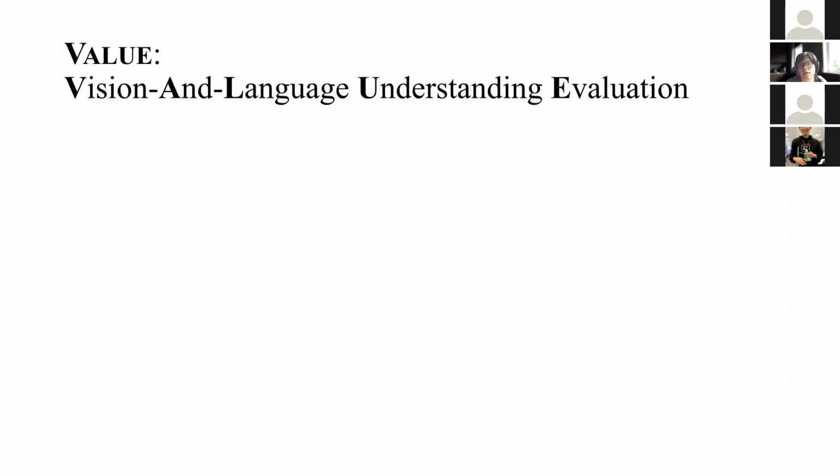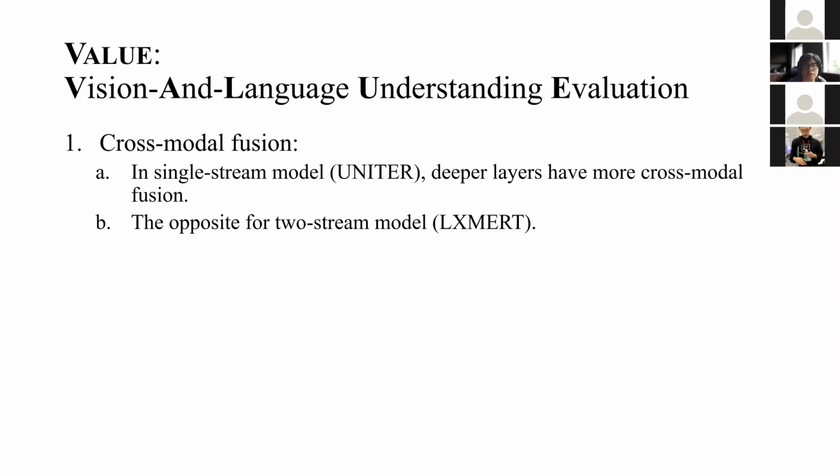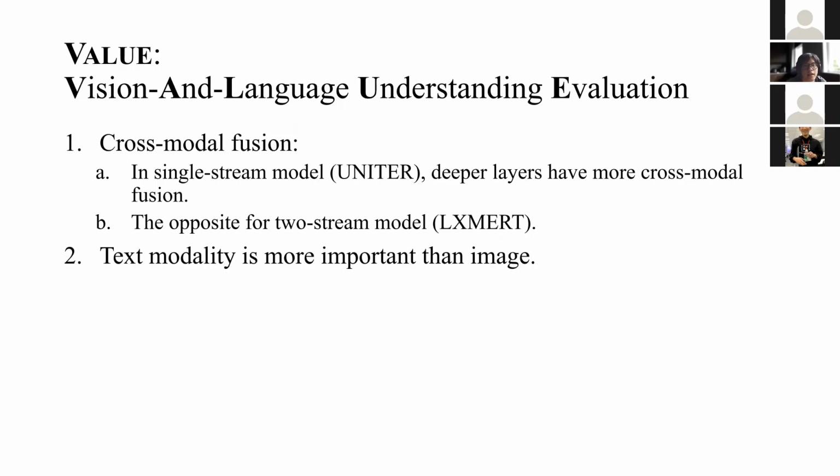To conclude, we list the final findings here. First, cross-modal fusion. For a single stream model, deeper layers have more cross-modal fusion, and the opposite for the two-stream model. We use UNITER and LXMERT in the experiments. Second, text modality is more important than image.